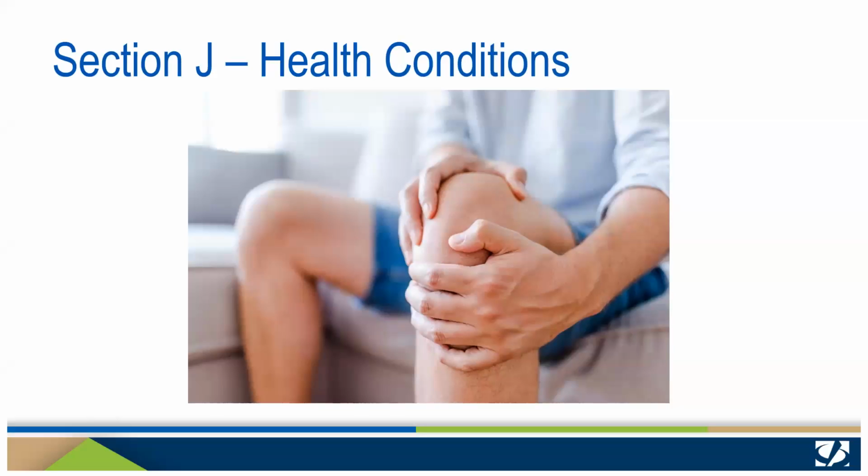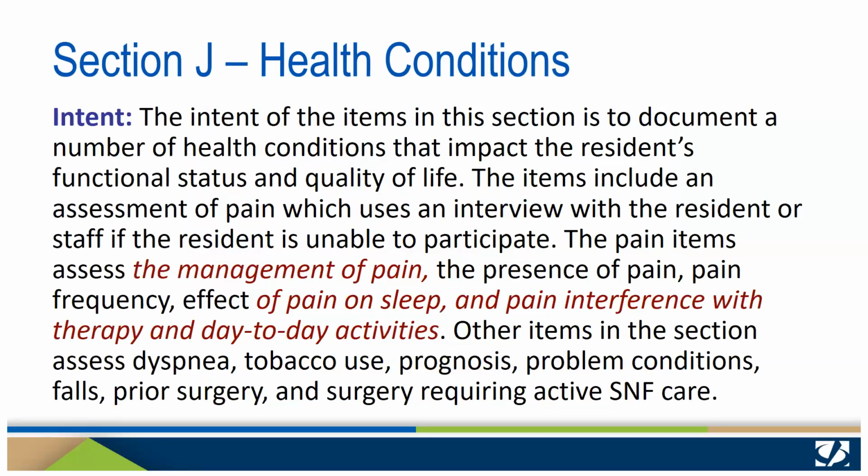So picking up where we left off, we're going to start with section J, the health conditions. The intent of this pretty much hasn't changed. It's just talking about the different health conditions that impact the resident's functional status and quality of life. It's where the pain assessment is, as well as a number of other topics such as shortness of breath, tobacco use, conditions, falls, surgeries.